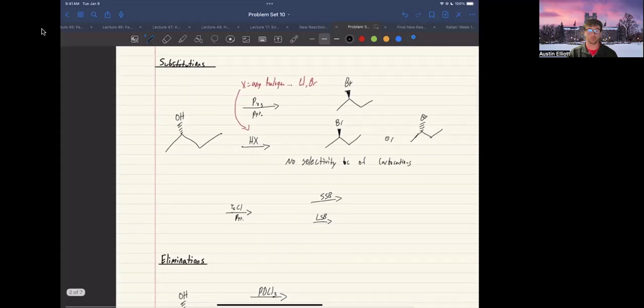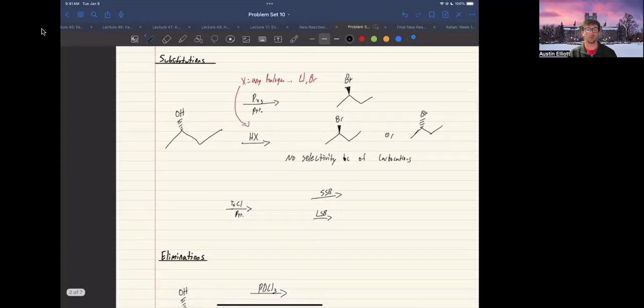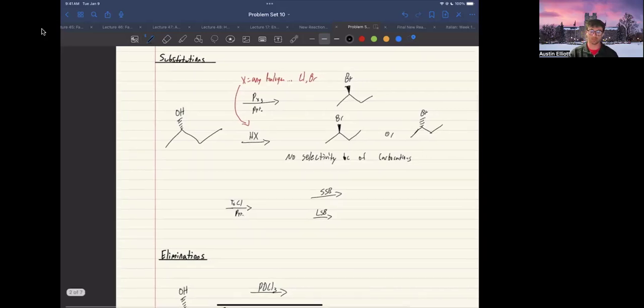Now moving on to one of the newer things, we have this TsCl and pyridine. This reaction is very important for retaining stereochem. Like up above, with PX3, PCl3, PBr3, there is an inversion of stereochem, but with this, we get a retention of stereochem.